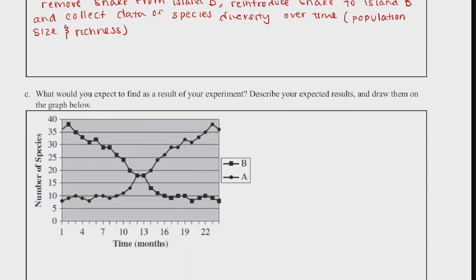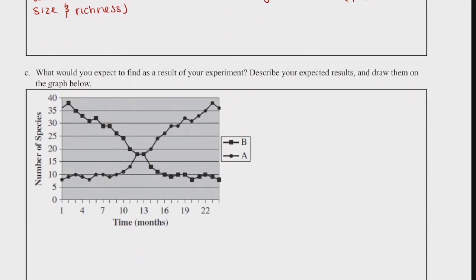Okay, and this is what I mapped out for you guys. For B and A, B is a square.